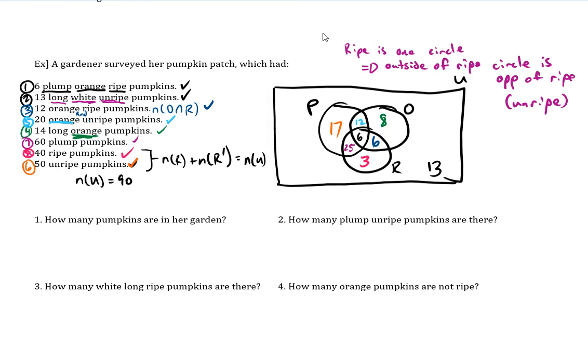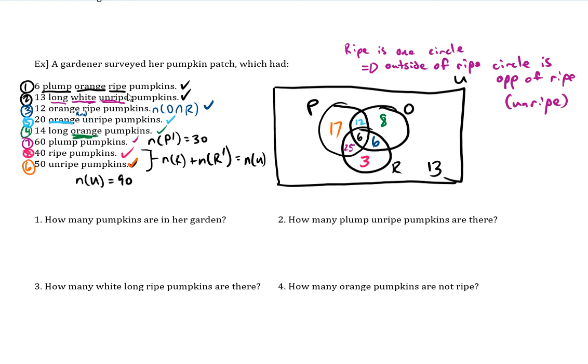There are ways to verify these things, and if we catch this early, before we even jump in, it could help you figure out the number of opposites as well. For instance, if there's 60 plump pumpkins, the number that are not plump would be 30, because it still needs to add up to 90.